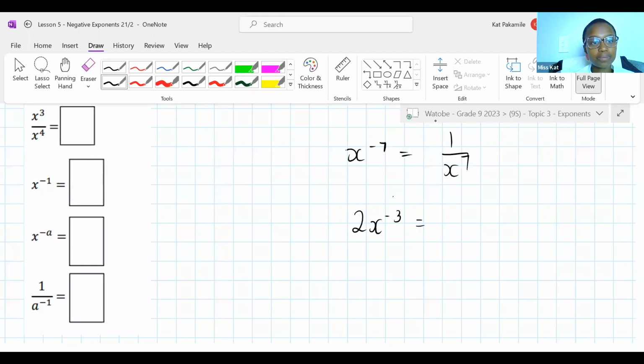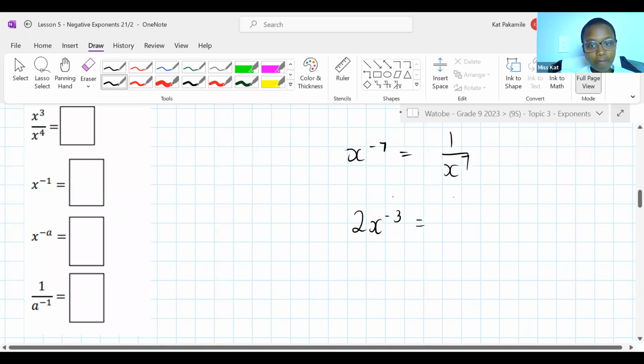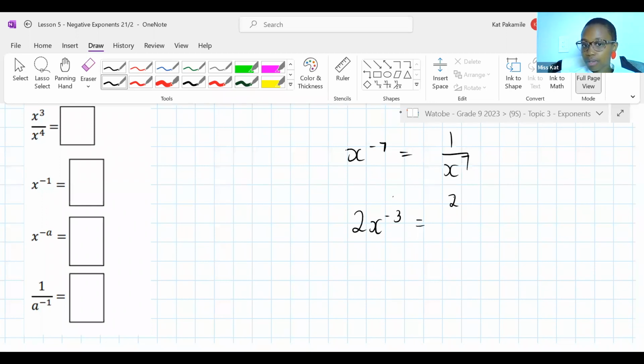You have an answer for this? Yes, ma'am. The answer is going to be 2 over x to the power of 3, because 2 is a whole number. Thank you very much. You are correct.